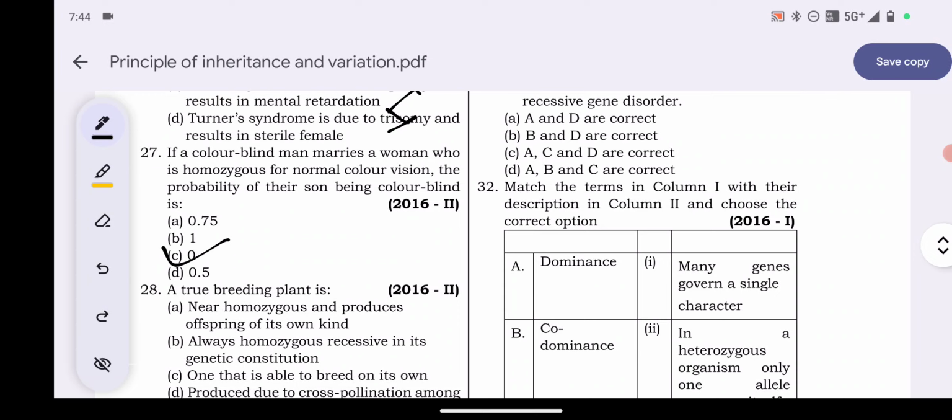Because colorblindness is an X-linked recessive trait acquired by crisscross inheritance. A colorblind man and a normal woman cannot bear a colorblind child. To bear a colorblind son, the mother must be a carrier or affected, such that the affected X chromosome is passed down to the son. That's why 0% will be the answer.